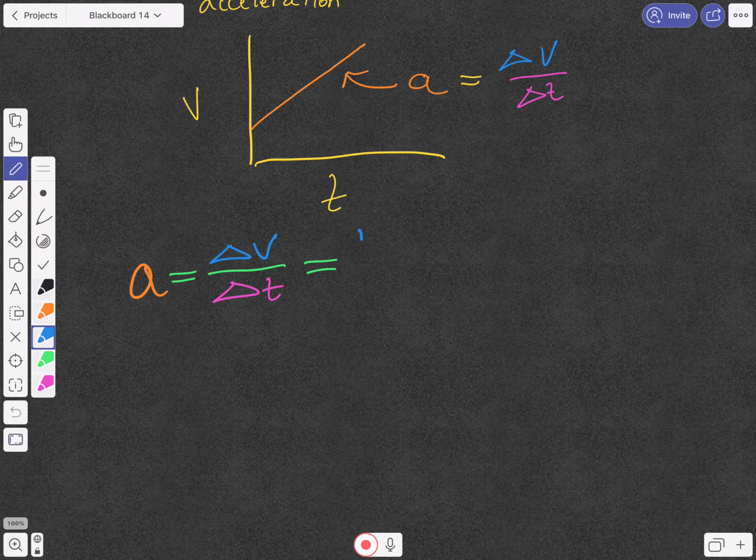So that means we have our velocity final, or our current velocity, minus our velocity initial. And the same is true for the bottom. It's our time final, or our current time, minus our time initial.